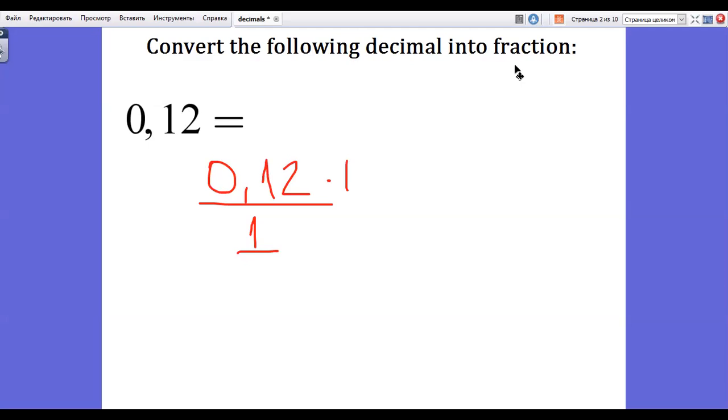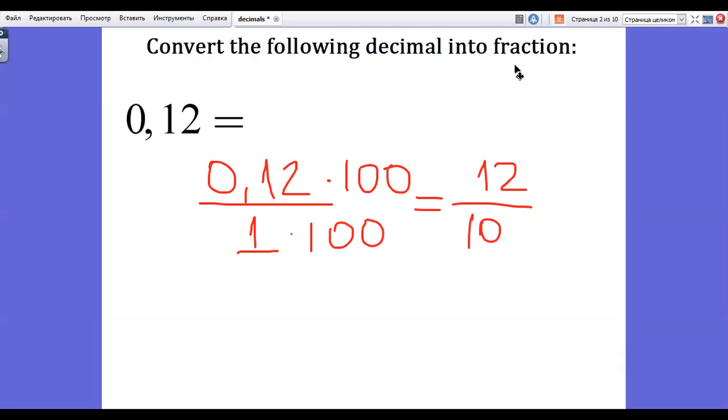When you multiply it by 100, you are going to have in numerator 12, number without decimal points, and in denominator you will have 100. Okay, now you have fraction 12 over 100, but it is not your final result, because this fraction is not in simplest form.